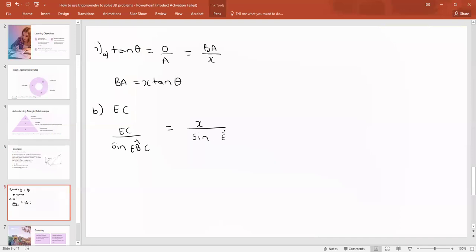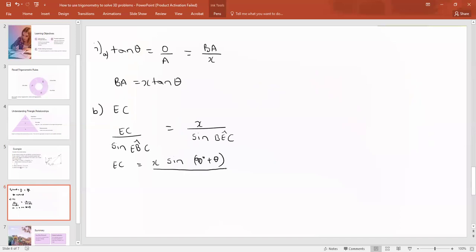Angle E in triangle BEC. So our side EC is equal to x times sine of, remember, we're given in the statement of the problem that the angle B in triangle EBC is given by 90 degrees plus theta.